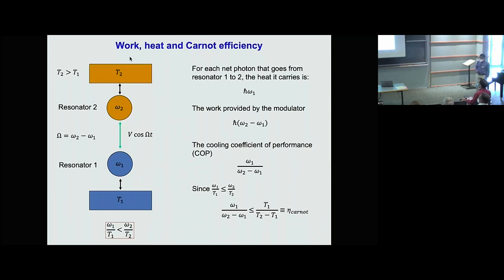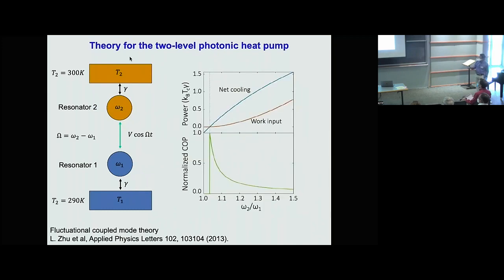And you can then show that given the condition of cooling, this coefficient of performance in fact falls below the Carnot efficiency limit. And you can do a more detailed calculation where you basically plot out the coefficient as a function of frequency difference. And this is where the threshold is, as determined by the temperature difference.